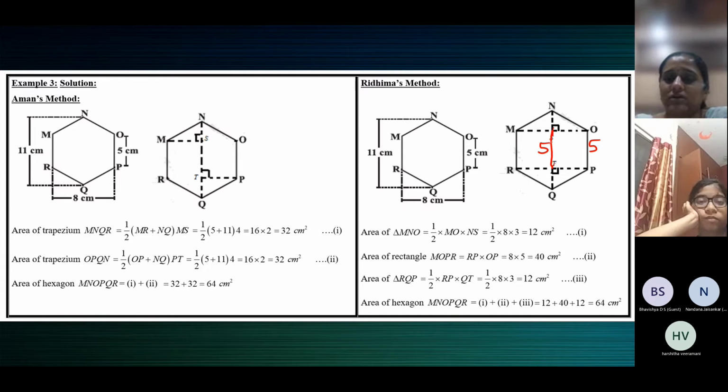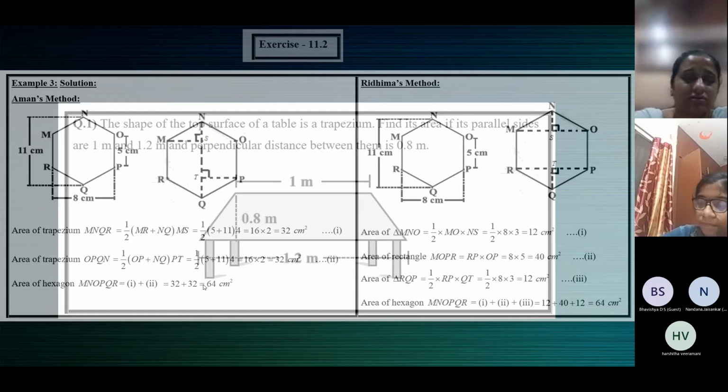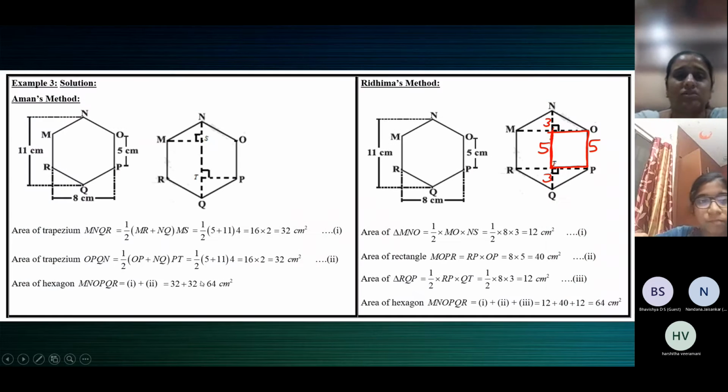In this rectangle, opposite sides are equal. So 5, 5. So 11 minus 5 is 6, and 6 is divided equally. That is 3, 3. 3 centimeters here and 3 centimeters here. Am I clear? Yes, ma'am. Very good, Swati. That's what I want all of you to think.